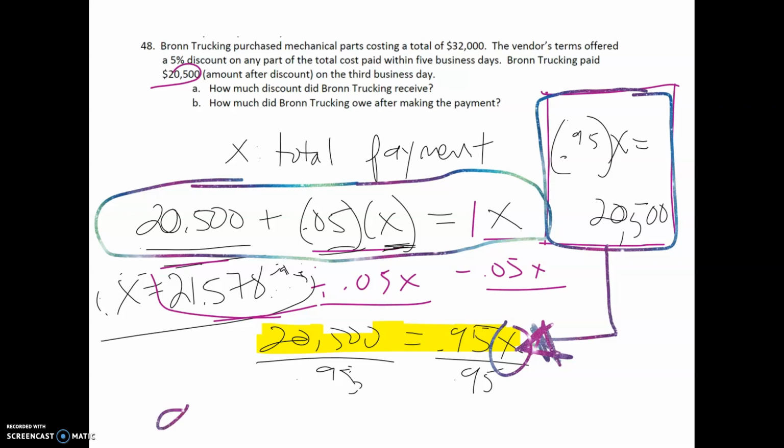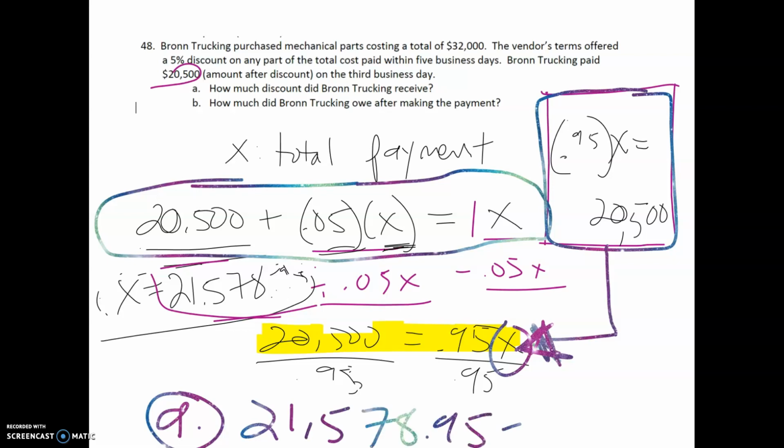So to answer question A, you would have to say, what was my discount? If the total payment I'm getting credit for is 21,578.95, then I would have to subtract what I actually paid. Sorry for my rainbow pen color, let me go back to black. Whatever that answer is, is the discount.